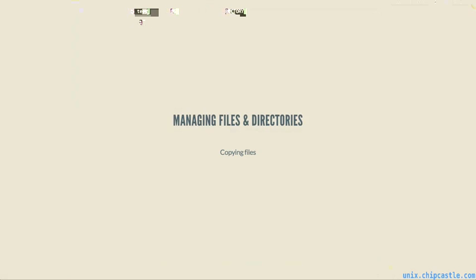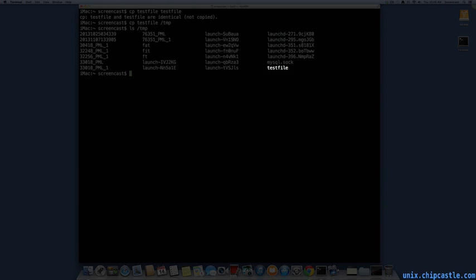Alternatively, we can copy files to directories. And we can see from the directory listing that the file was indeed copied there. But what happens if I were to copy a file to a non-existent directory?